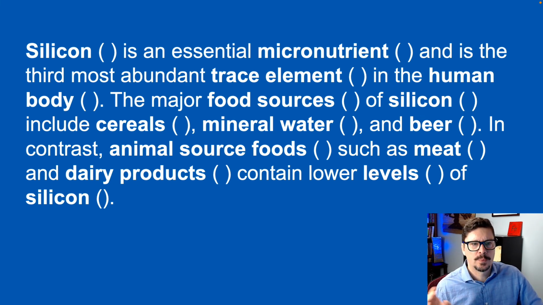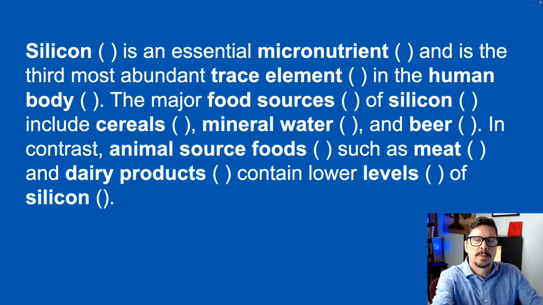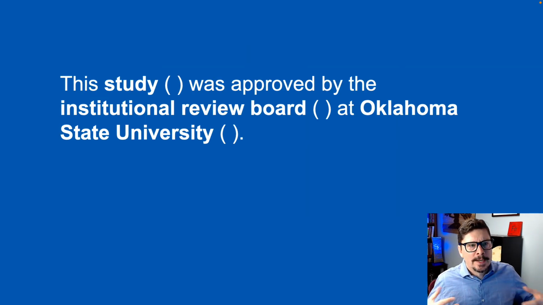So don't worry about breaking down each one. You just need to fill in where I have the parentheses. Pause the video here, use the chart, and decide which rule applies in each situation. Okay, here are the answers. And I'm not going to go through all of these rules one by one because you have the chart. You can do that.